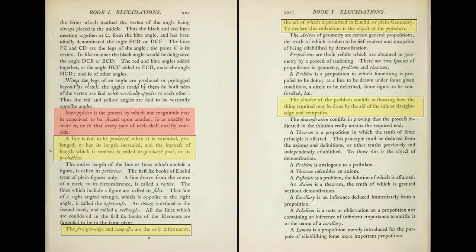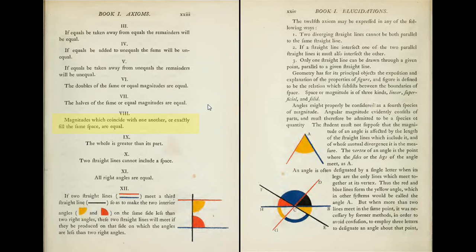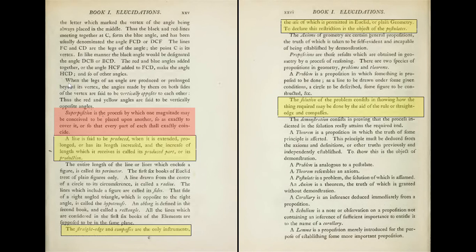What does this say? Okay, vertically opposite, red and yellow. When the legs of an angle are produced or prolonged beyond its vertex, the angles made by them on both sides of the vertex are said to be vertically.